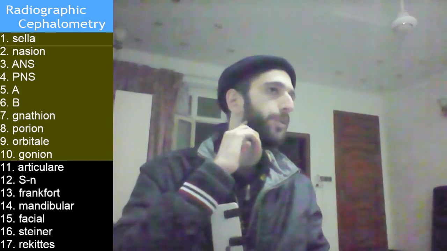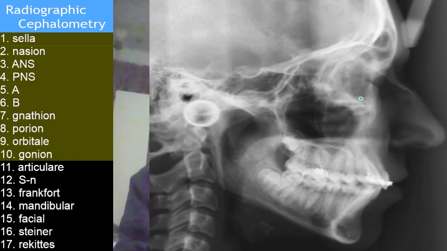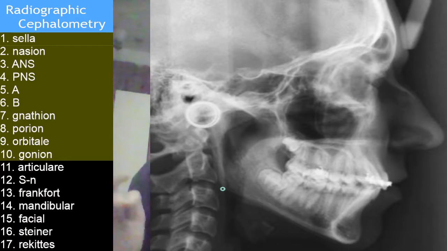Let's go to the next point, the gonion. The most posterior inferior point at the angle of the mandible.